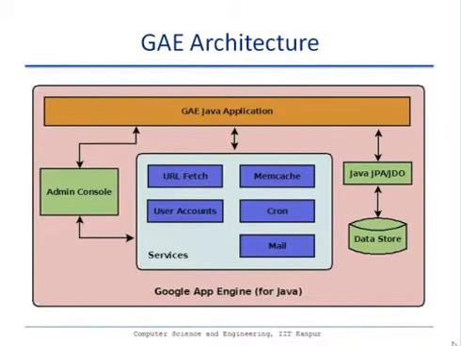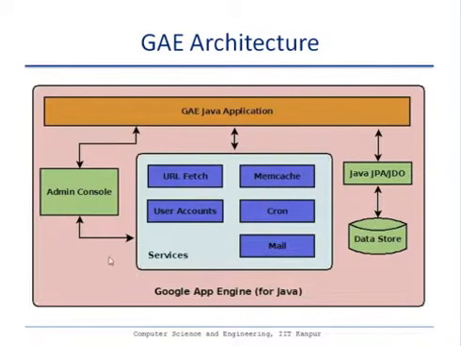Now let's look at the architecture of a Google App Engine instance for the Java platform. Here you see several components in this architecture. On the left you have the admin console, which as a developer you are going to use in order to log on for viewing various statistics about your different applications, as well as deploying applications, undeploying, etc. You can also look at the billing information about what resources you have used in your different applications.